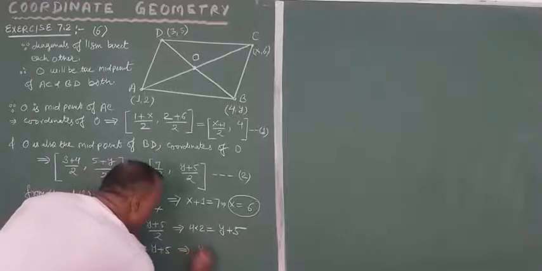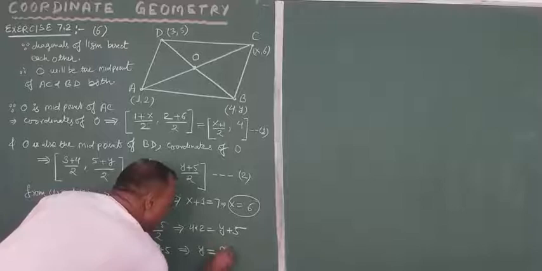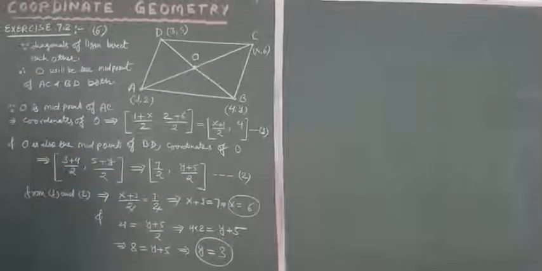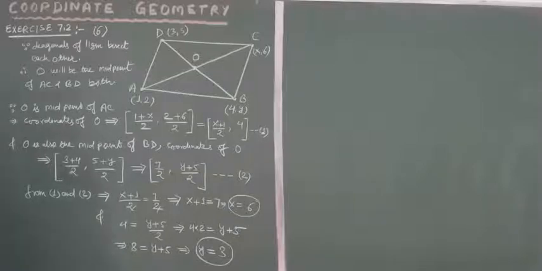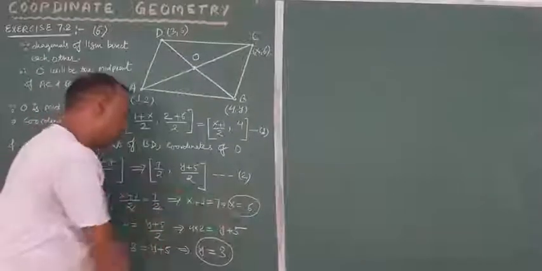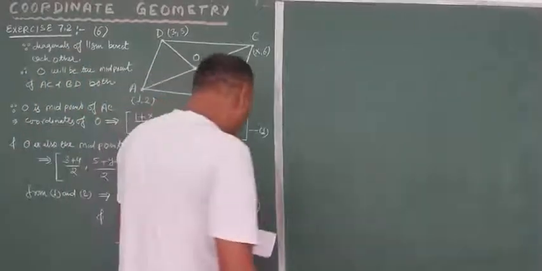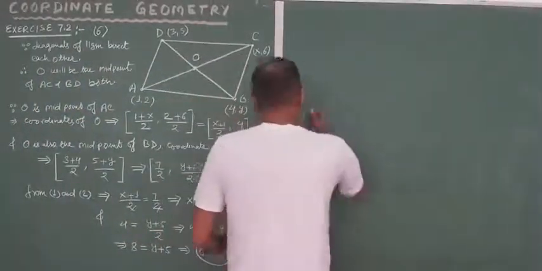From here we can get y is equal to 8 minus 5, which is 3. So what is the value of x and y? x is equal to 6 and y is equal to 3. Is it okay?